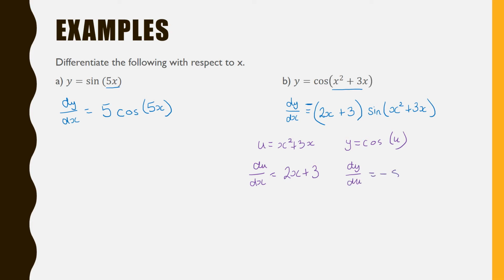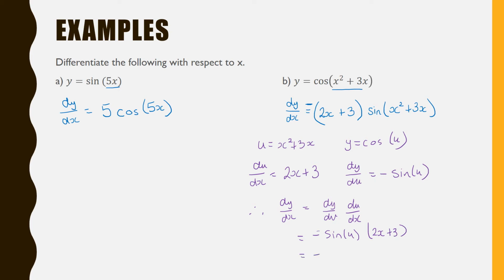The derivative dy/du, the derivative of cos of u, is negative sine of u, according to our formula sheet. So therefore, the chain rule: dy/dx is equal to dy/du times du/dx. dy/du is negative sine u multiplied by du/dx.